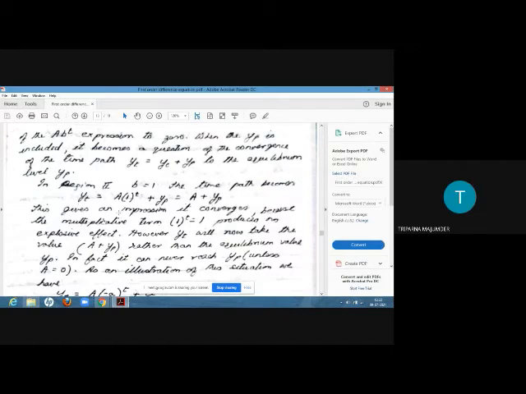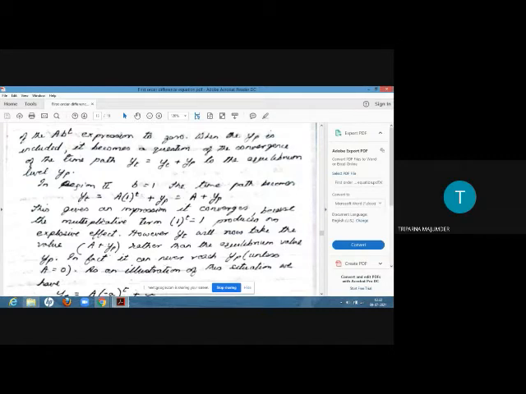This gives an impression that it converges because the multiplicative term 1 to the power t, equal to 1, produces no explosive effect. However, yt will now take the value A plus yp rather than the equilibrium value yp.